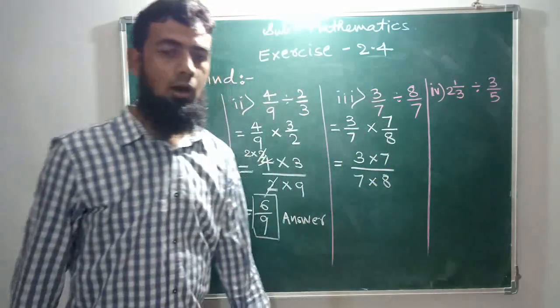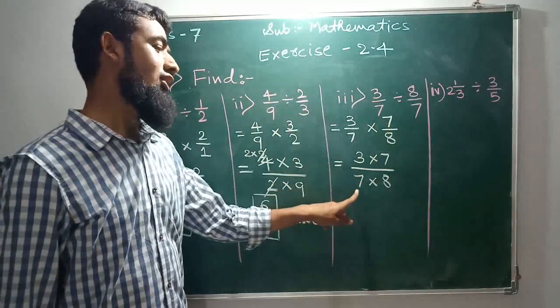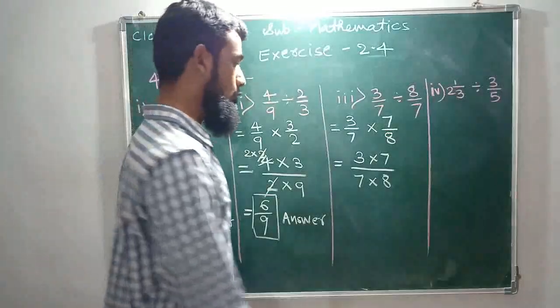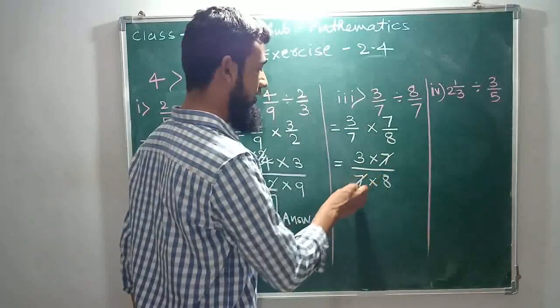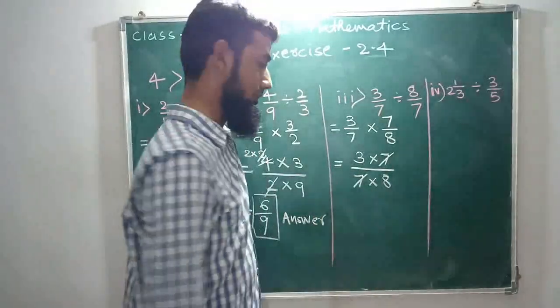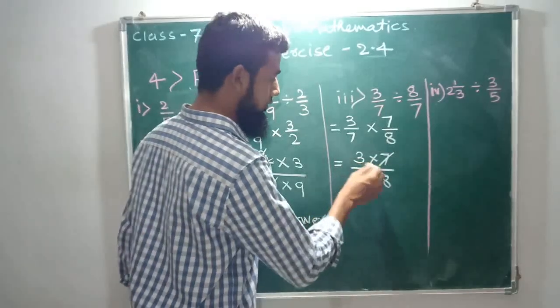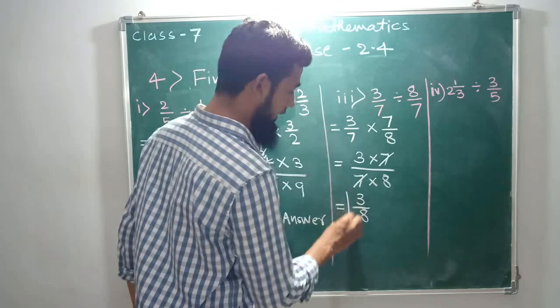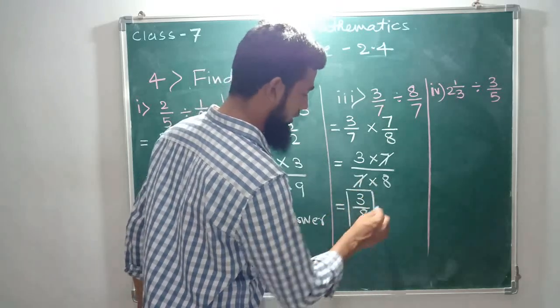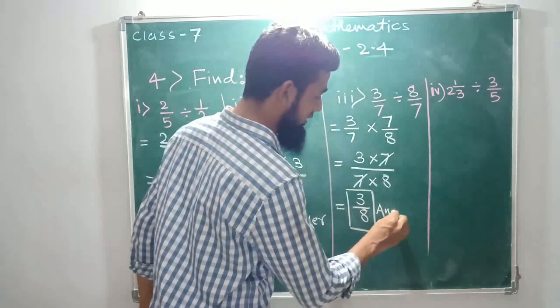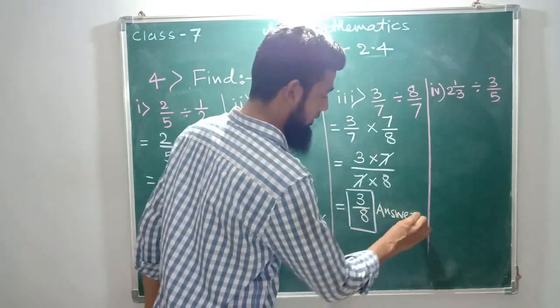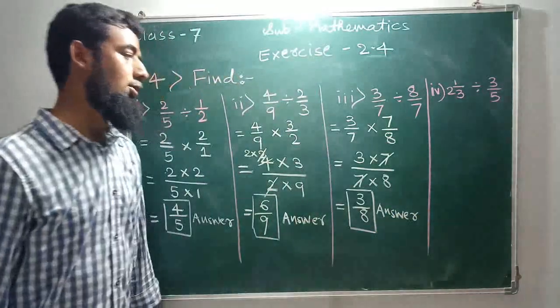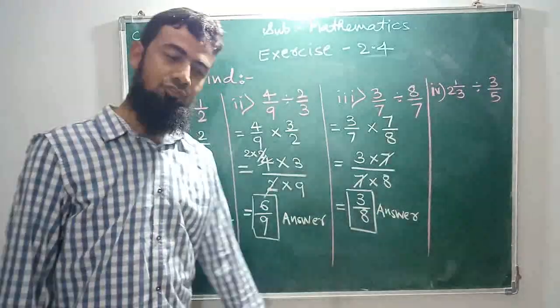We multiply all the numerators and all the denominators. Here this 7 and this 7 will be cut, so the remaining is 3 upon 8. It is your answer.